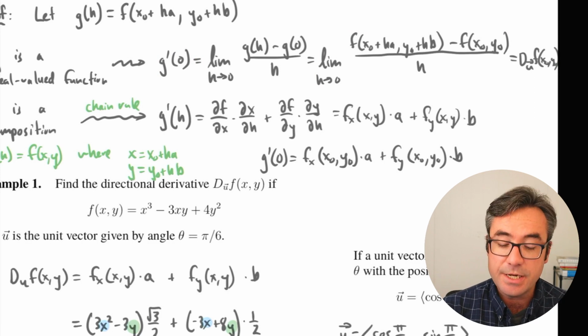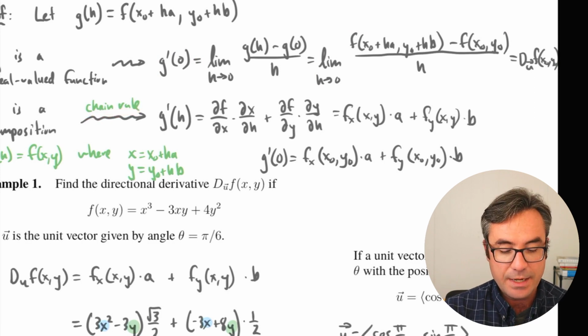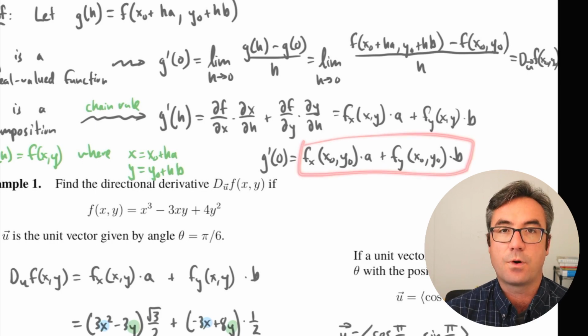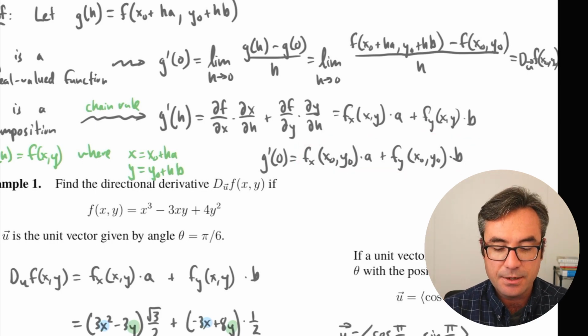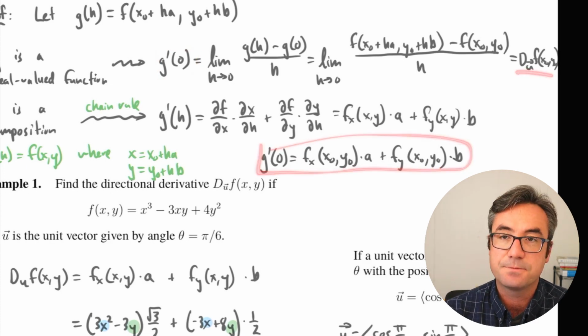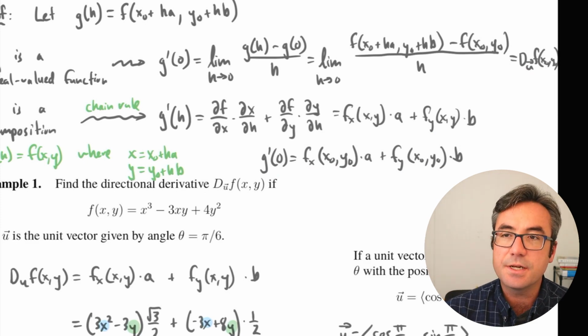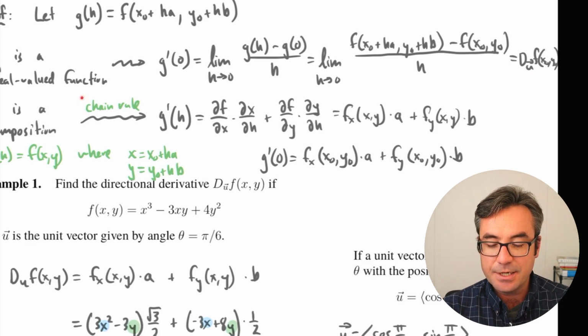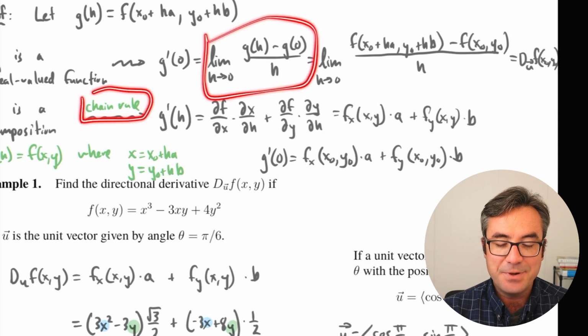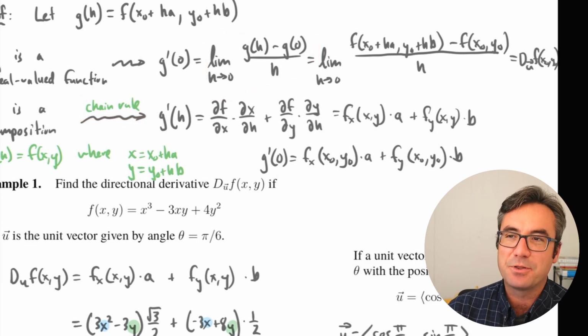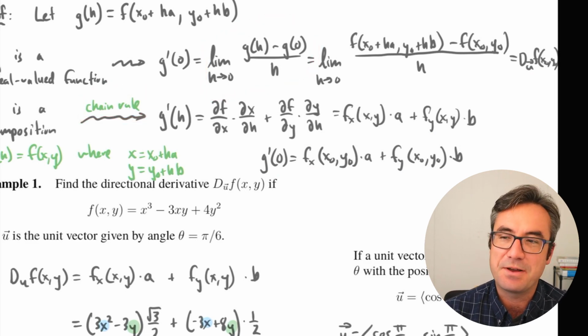But if we view g as a composition of functions and use chain rule, then we get this alternative formula here. And it turns out g prime of 0 is equal to both of these values, so they're equal to each other. It's an interesting proof, because we get to use our chain rule, and we get to use the always popular limit definition of derivative.